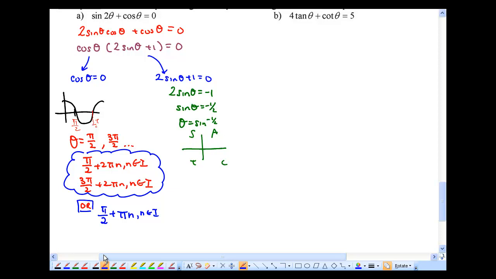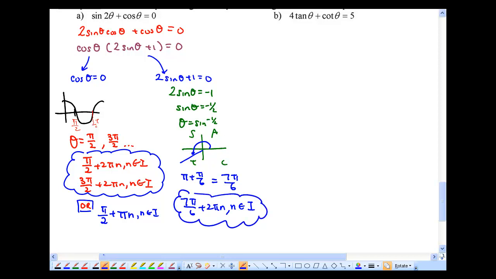I'm sorry, we're doing radians, so it's not 30 degrees, it's pi over 6. Pi plus pi over 6, that's 7 pi over 6. So 7 pi over 6 plus 2 pi n, where n is an integer.